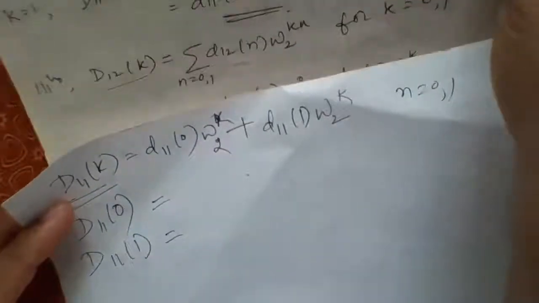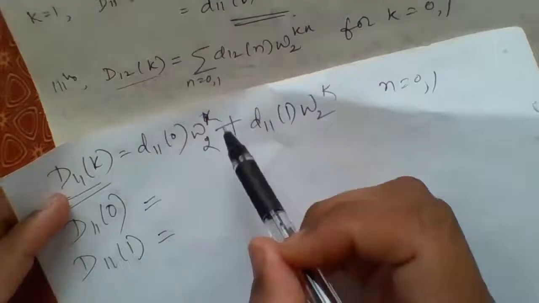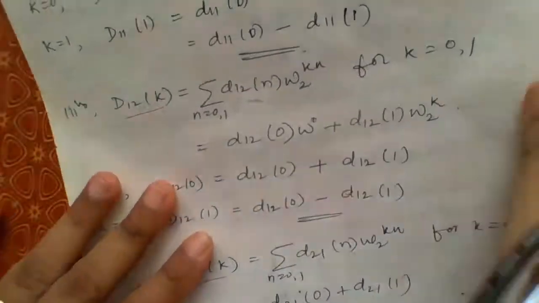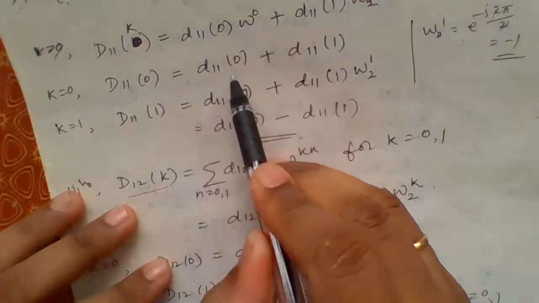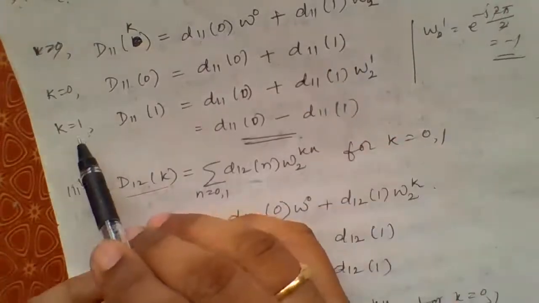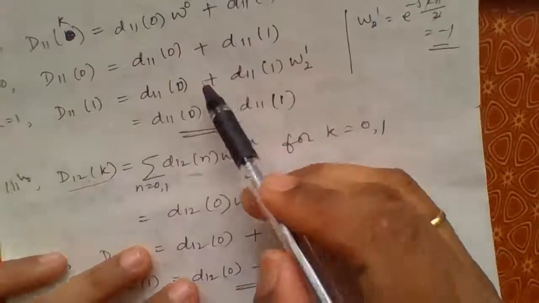When writing for K equal to 0, it is simply the addition of D11 of 0 plus D11 of 1. But when writing for K equal to 1, substitute K equal to 1.